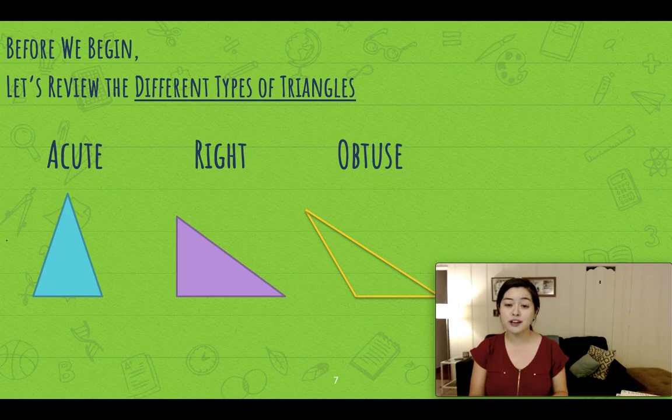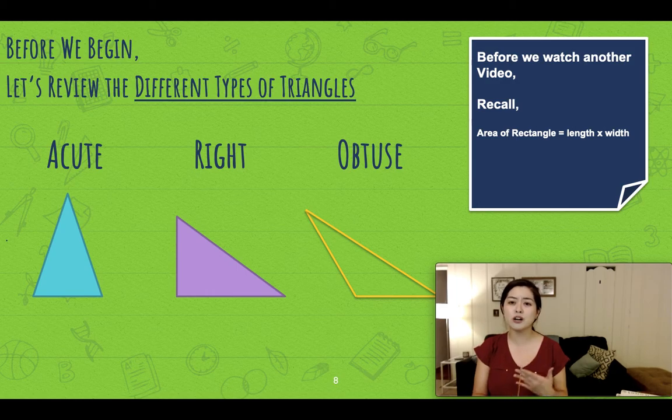An acute has all 3 acute angles, which means all 3 angles are less than 90 degrees. In a right triangle, there is one right angle, which means that right angle is 90 degrees. And an obtuse triangle has one obtuse angle, which means that one angle is greater than 90 degrees.